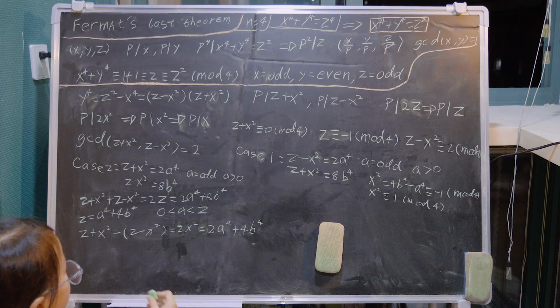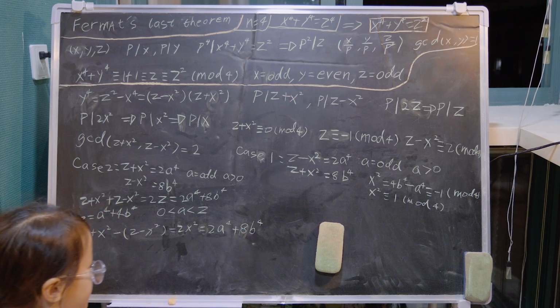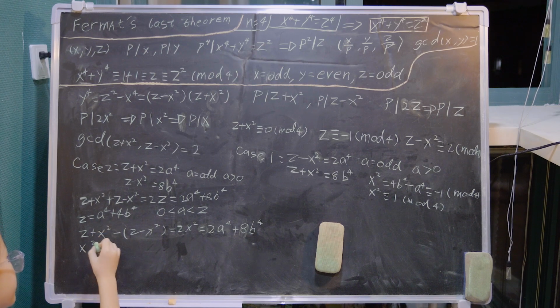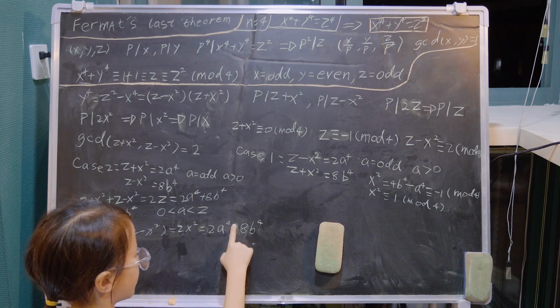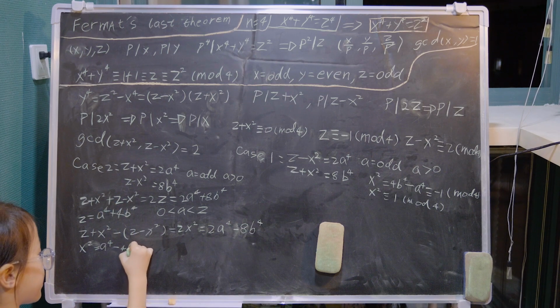So now that means 8 times b to the 4. So x to the 2 is equal to a to the 4. Sorry, I got it wrong. It's minus 4b to the 4.